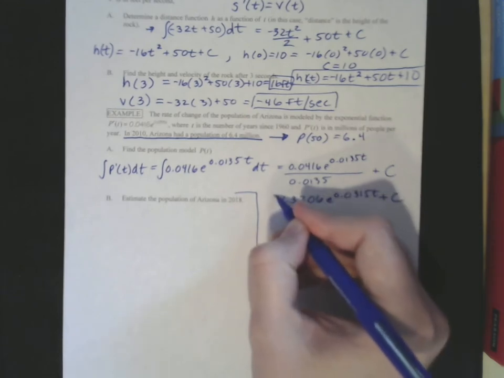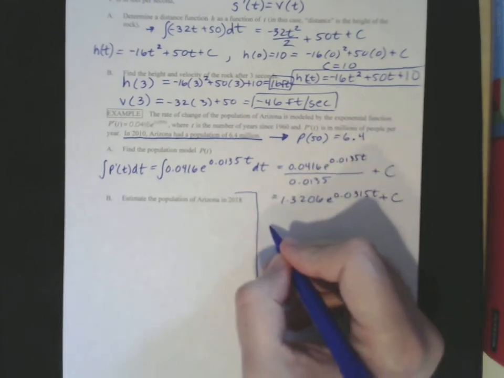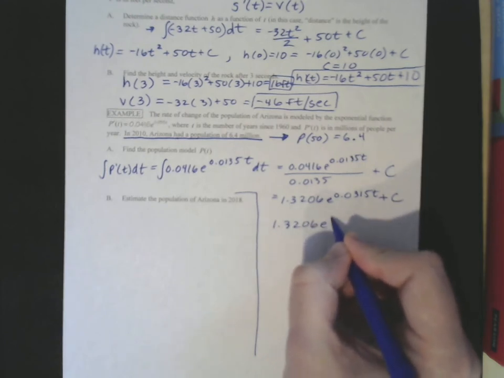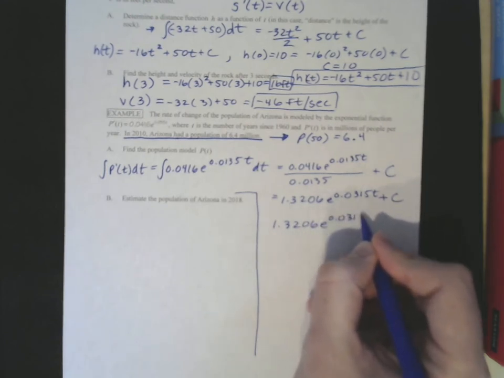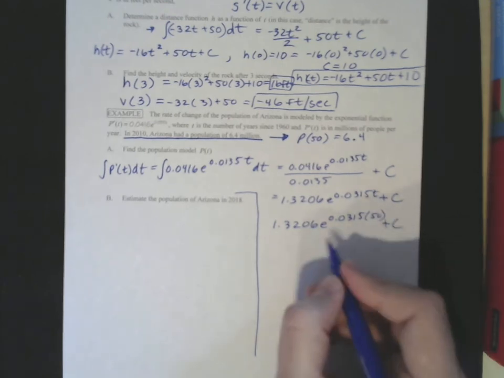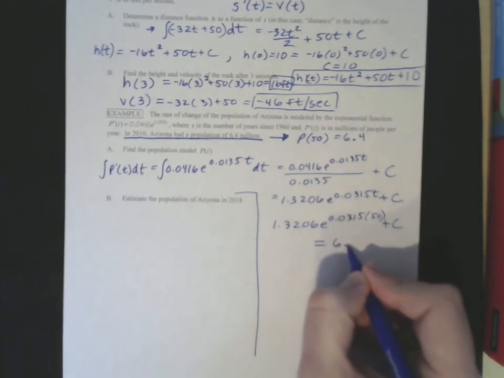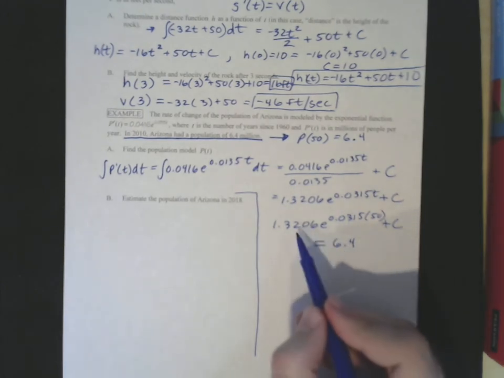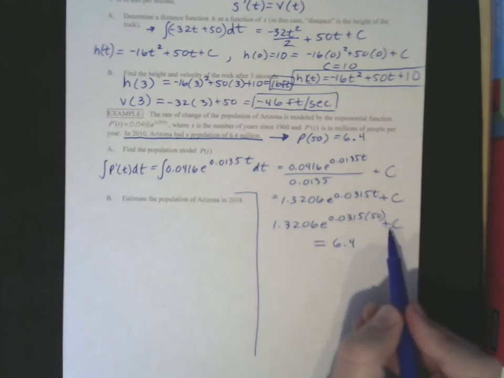This is what our p of t is. So when we plug in 50, 1.3206 e to the 0.0315 times 50 plus c, this should equal 6.4. Well, then we're going to solve for c.